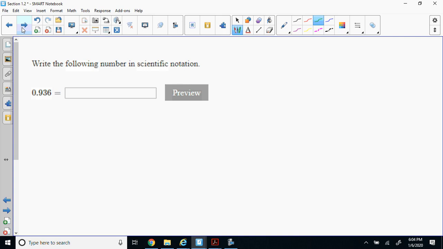Can you tell what you're looking at, whether it's a big number or a small number? What I mean by a big number is a number greater than 1. What I mean by a small number is that it's a decimal. Can you identify that? See, if I've got decimals, then it's a negative power.